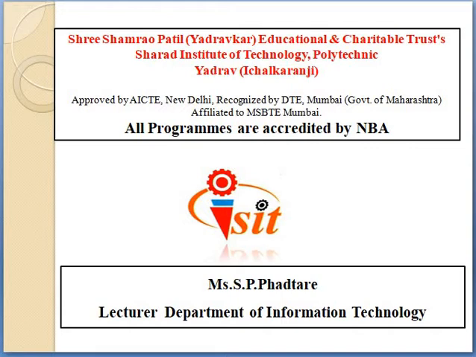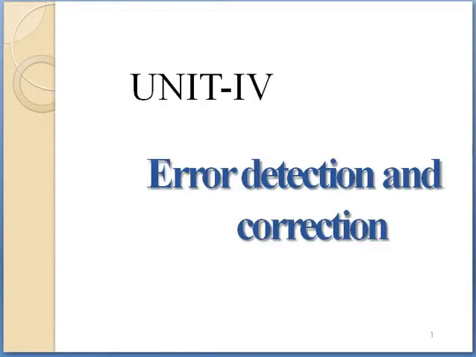In a previous lecture we discussed the concept of layered architecture and error in data communication. The concept of layered architecture is used to reduce the design complexity, and networks are organized in a series of layers.